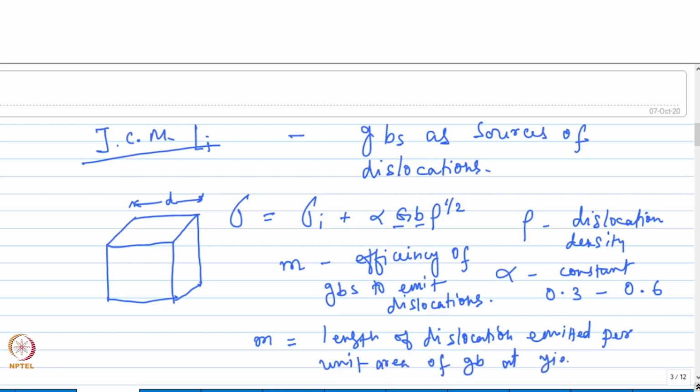That means when the material has started deforming plastically, at that point, the length of dislocations emitted per unit area of the grain boundary can be taken as M, or the efficiency of the grain boundaries to emit dislocations. Now, the total surface area of a grain like this will be 6d square.